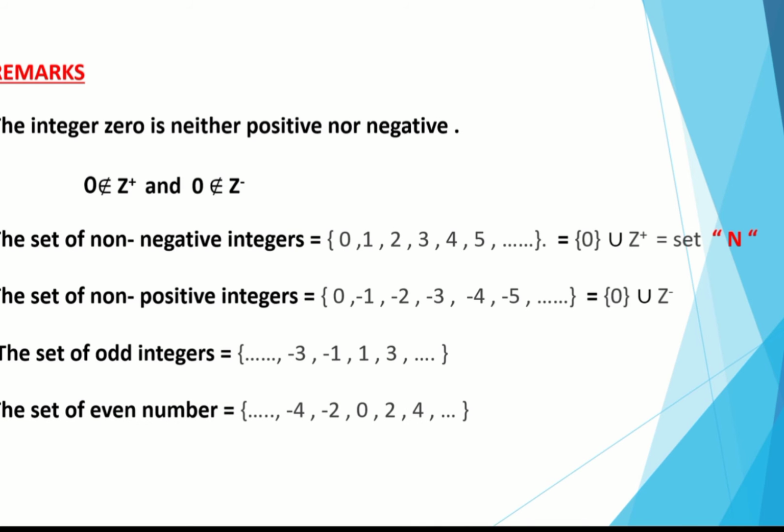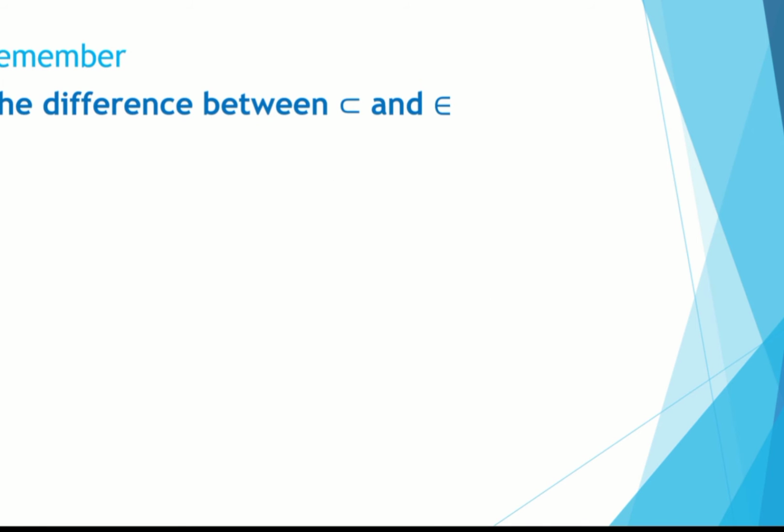The set of even numbers: -2, -4, -6, -8, 0, 2, 4, 6 and 8. All of these are even numbers. Remember the difference between subset and not subset, and belong and not belong.